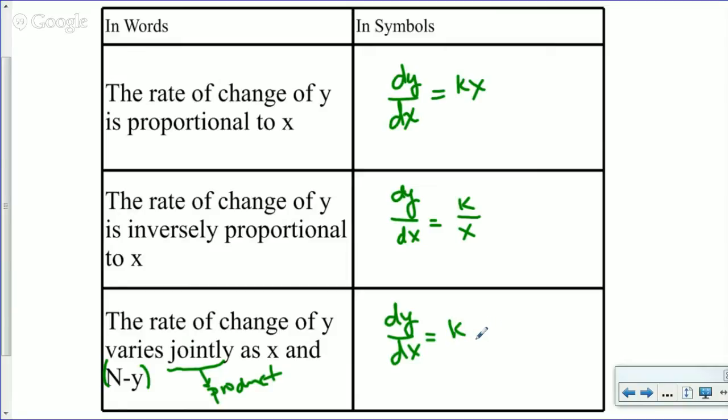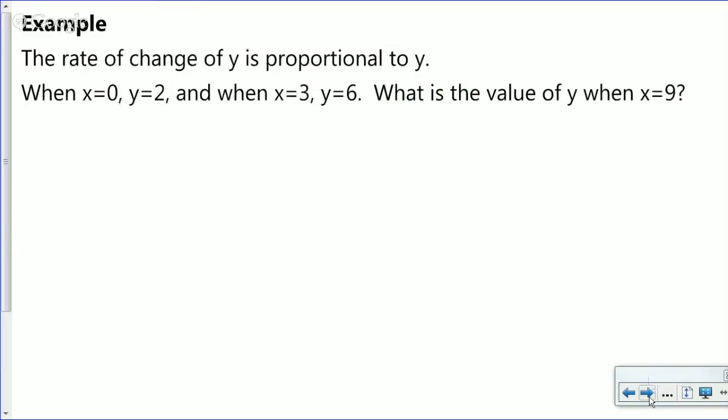So I need my constant of proportionality and then the product of x times the quantity n minus y. Okay, and those may come in handy for some of your homework problems there. Okay, let's do a couple examples.